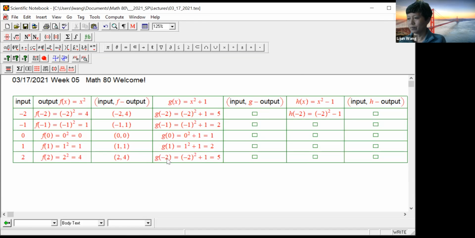For 2, positive 2 squared, that's going to be 5. And we're making these points. Input, output. Negative 2 is input, output is 5. Negative 1, the output is 2. 0, 1. 1, 2. 2, 5.